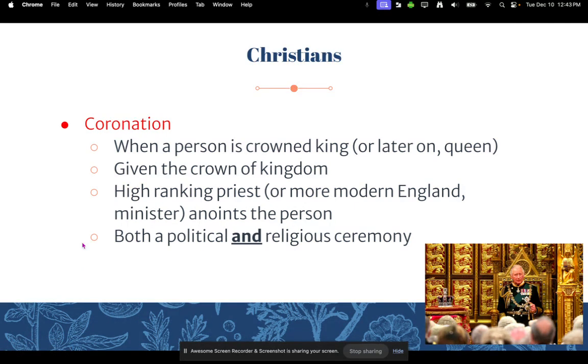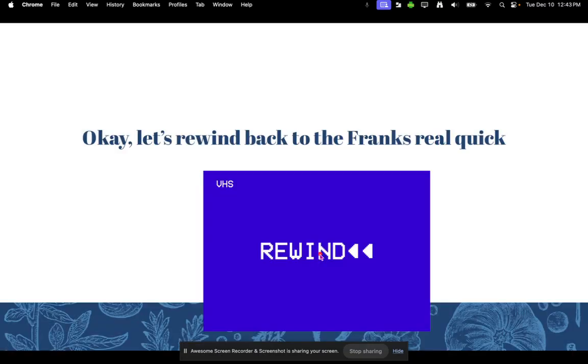So they of course need a crown. So coronation is when a person is crowned king or queen, and they're given the crown of the kingdom. But there's also high-ranking priests, or in England, ministers that anoint the person becoming king or queen. So it is both a political and a religious ceremony.